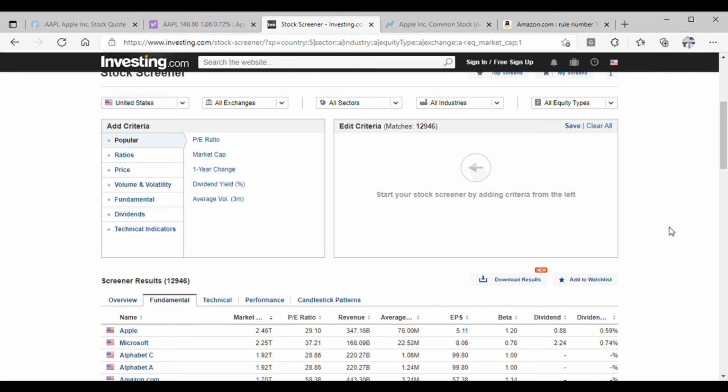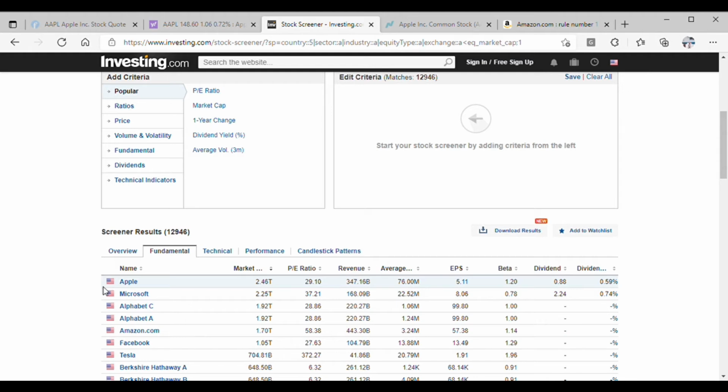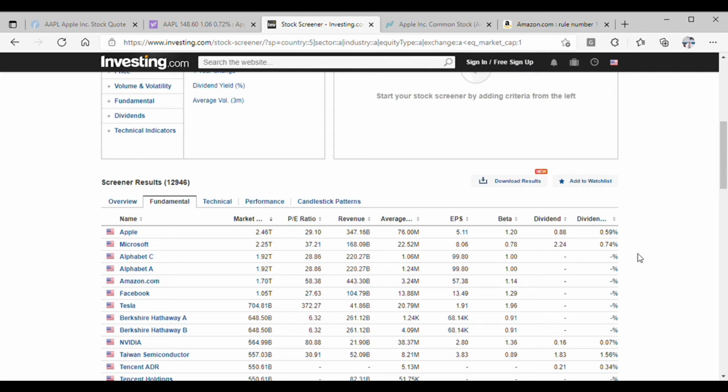I'm looking at Apple right now, and you see here under the word fundamental, it actually shows the fundamentals that we were just talking about. Here's your PE ratio. There's your revenue. There's your EPS. And there is your dividend. So that's a great place to start when you want to know what these companies are doing. This is how you do your due diligence before you invest in a company.